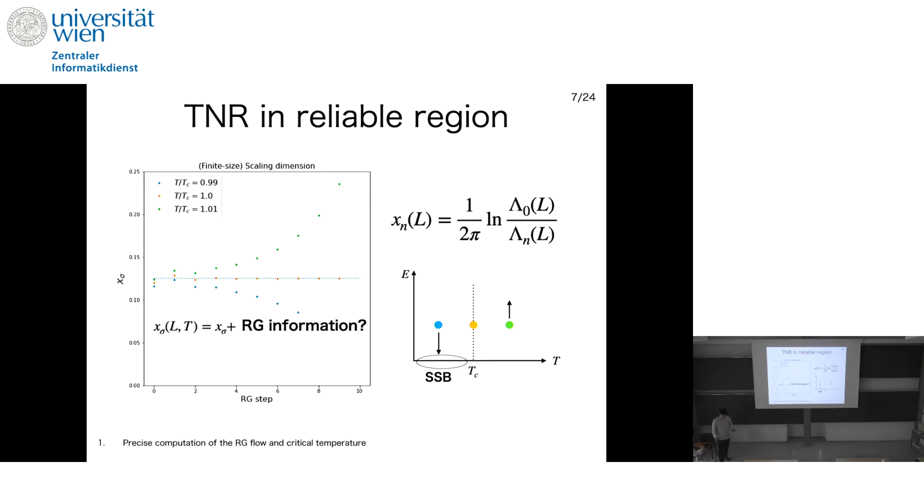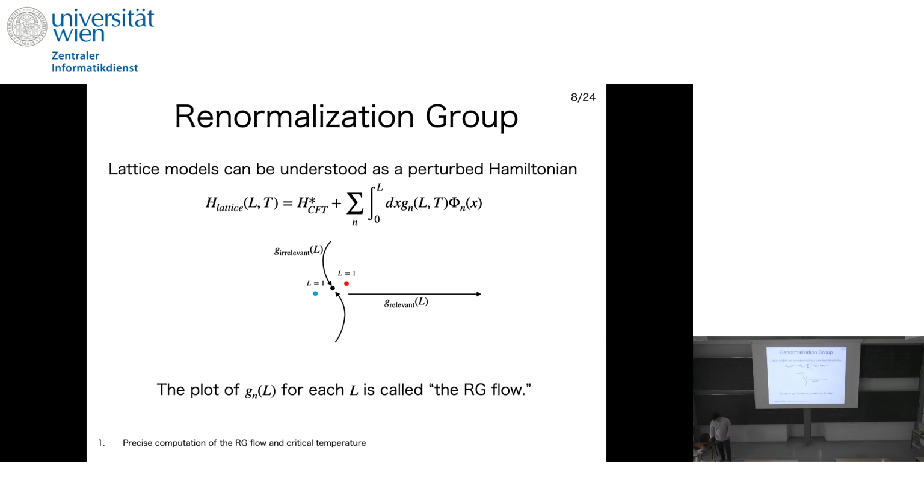So the natural question is, does this finite size scaling dimension contain the RG information? In order to tackle this problem analytically, what you need is RG theory. So in RG theory, what you have is a lattice model of the finite size system. And for finite system sizes in the vicinity of criticality, what you have is the CFT Hamiltonian plus some perturbation term.